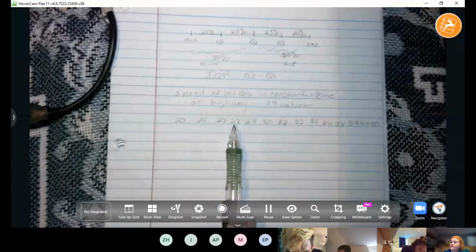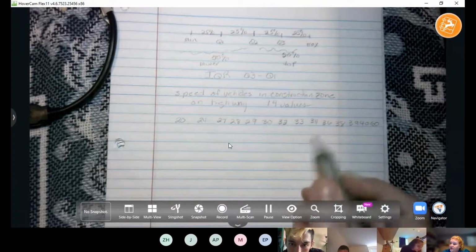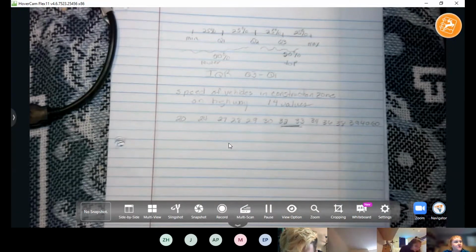1, 2, 3, 4, 5, 6, 7, and 8. So you're going to take these two numbers, 32 plus 33, add them together and divide by 2.